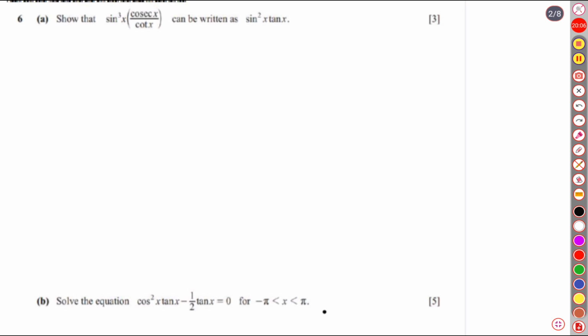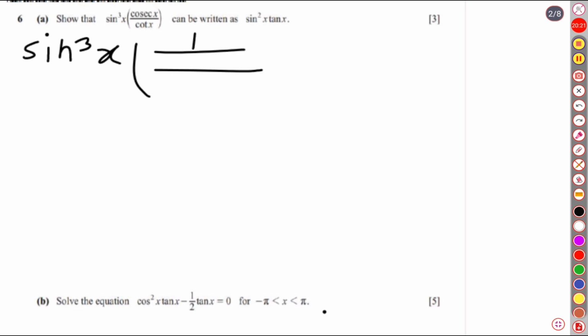Well, so sine cube x into cosec x can be written as, cosec is inverse of sine, so we can write 1 over sine x, and cot is cos over sine.